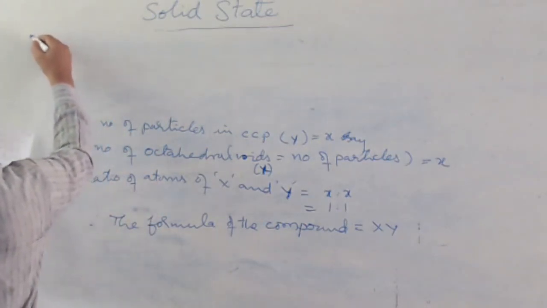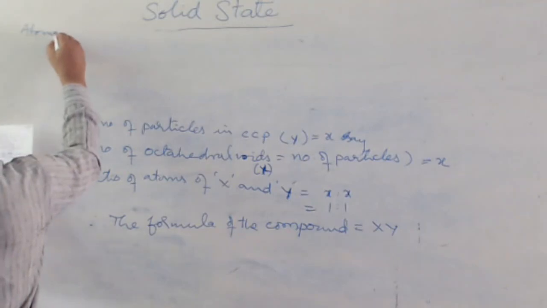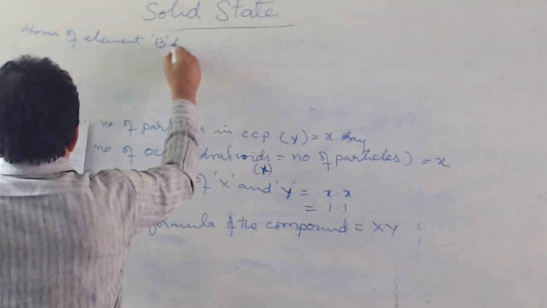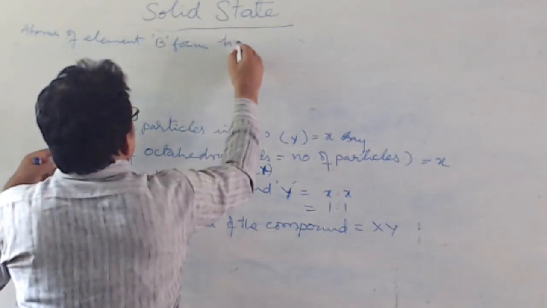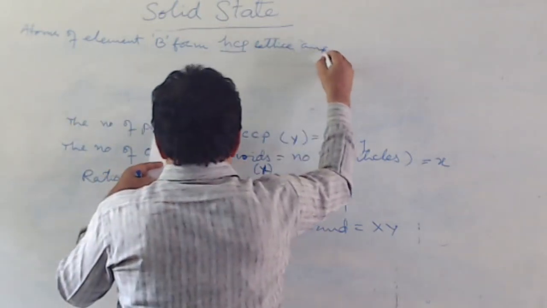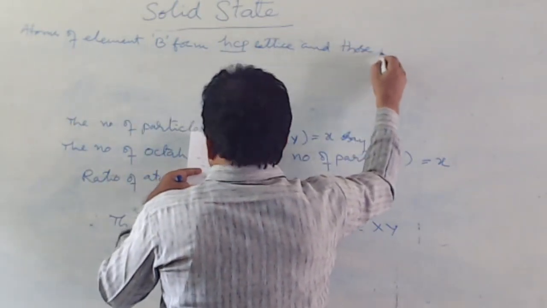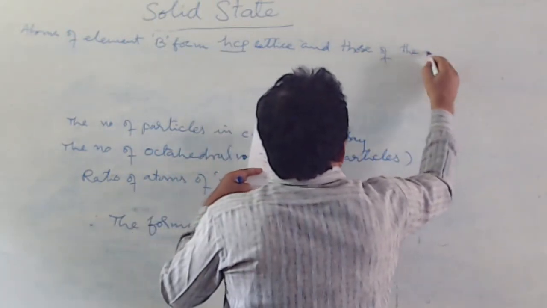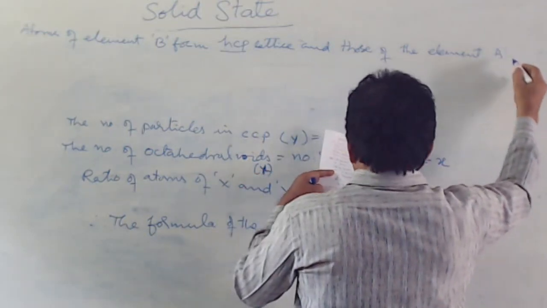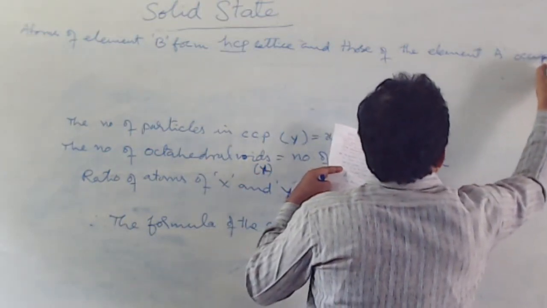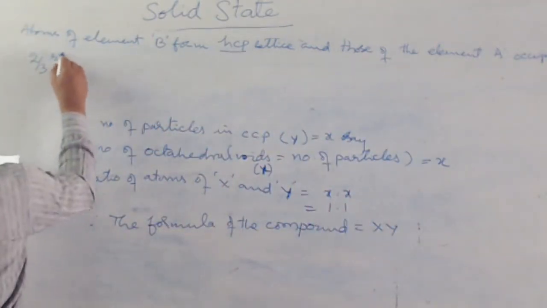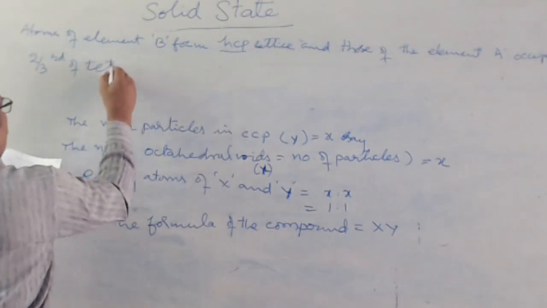So if we take the second question: atoms of element B form an HCP lattice, and those of the element A occupy 2/3 of tetrahedral voids.